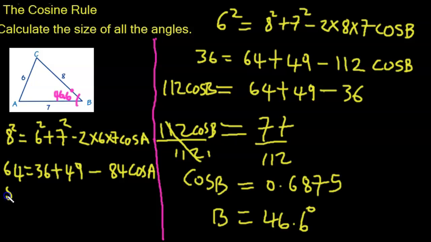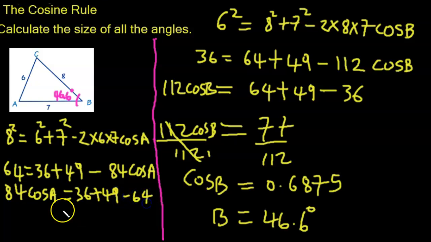So it becomes positive 84 cos A equal to 36 plus 49 minus 64. And therefore 84 cos A would be equal to, let's add these values, 36 plus 49 minus 64, that's equal to 21.